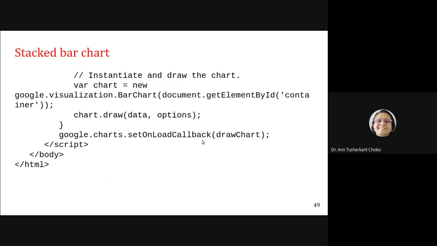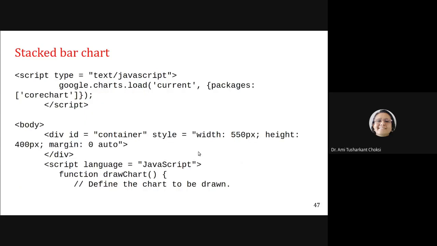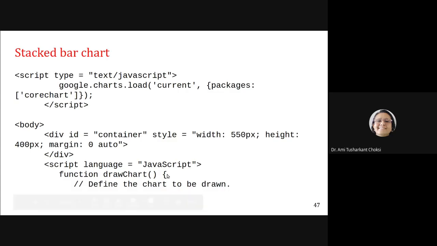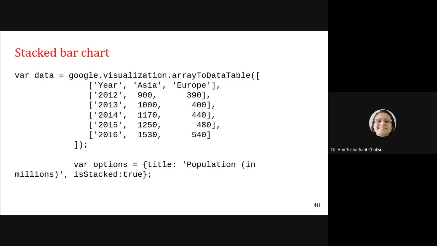So now what we can do is google.charts.setOnLoadCallback drawChart, right? So it will call the drawChart function. In one program we said it in the starting, here we are setting it at last. It doesn't matter.